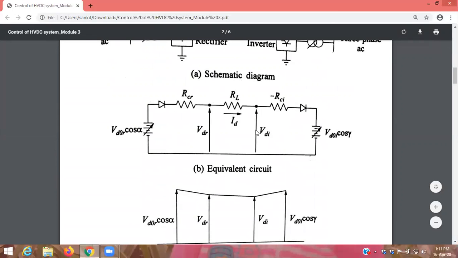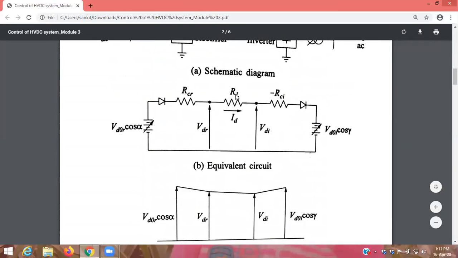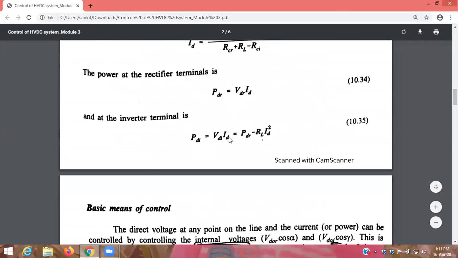The power loss here is ID square into RL. So inverter terminal power PDI is equal to PDR, the power at the rectifier terminal, minus the power loss, ID square into RL.